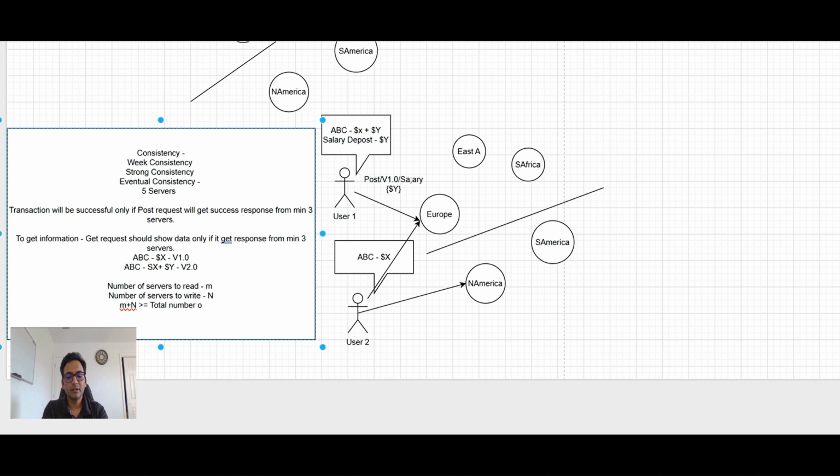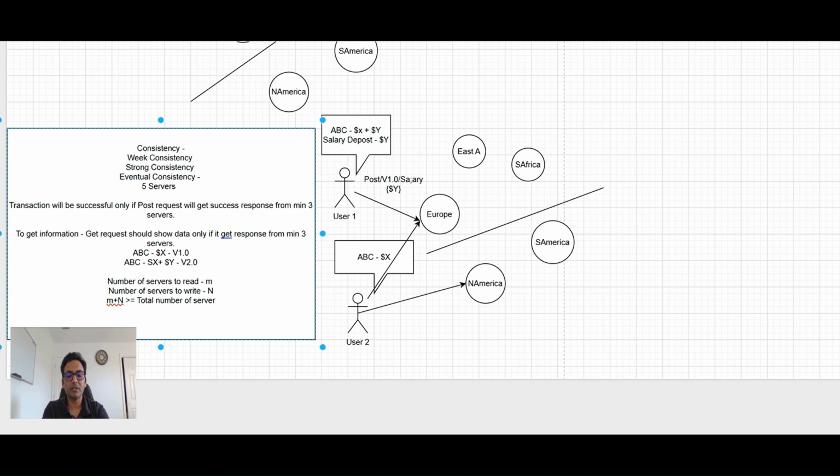In this example, 3 was the number of servers to write and 3 was the number of servers to read, which was greater than or equal to the total number of servers, 5. So it always returns the consistent information. That's how we achieve the consistency. Now I think we have talked enough about consistency. We know what consistency is, how we can get eventual consistency, and what parameters we tweak to make it strongly consistent, weakly consistent and so on.